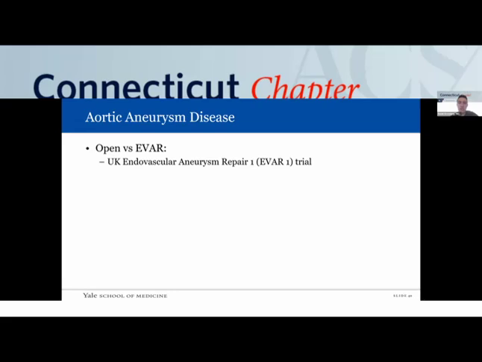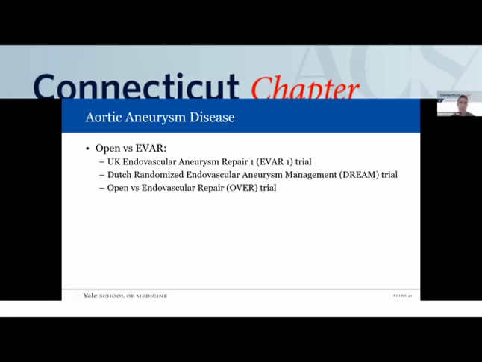The UK endovascular aneurysm trial, the EVAR-1 trial, the Dutch EVAR trial, and the OVER trial compared the two. What they found is that the 30-day risk of mortality for elective EVAR is low, about 1 to 2%, and for open repair it's about 4 to 5%.